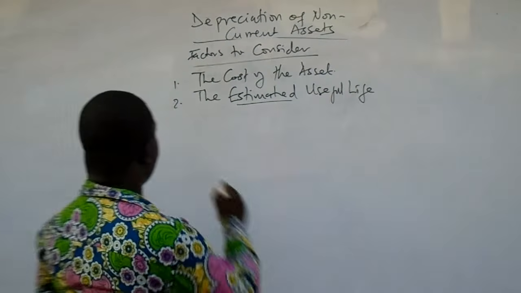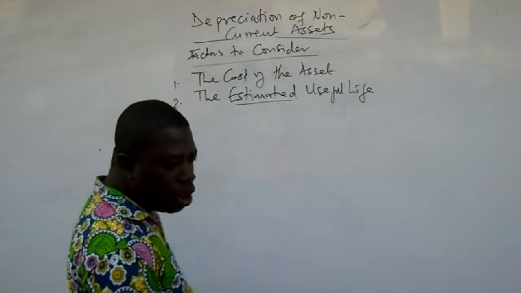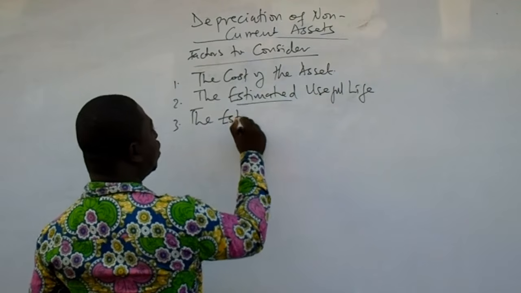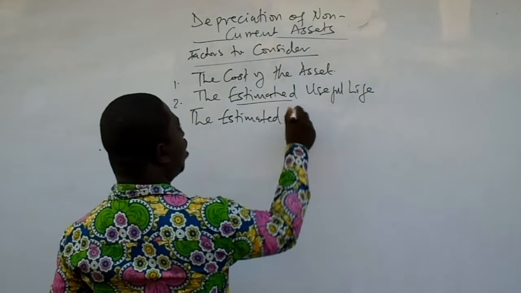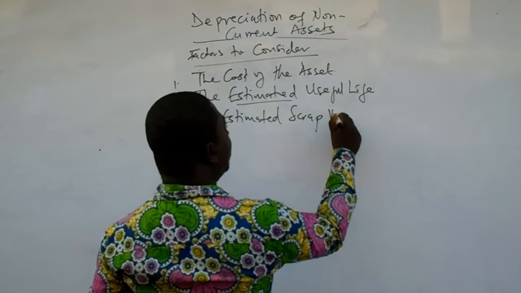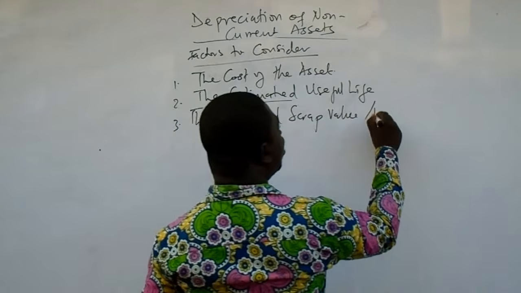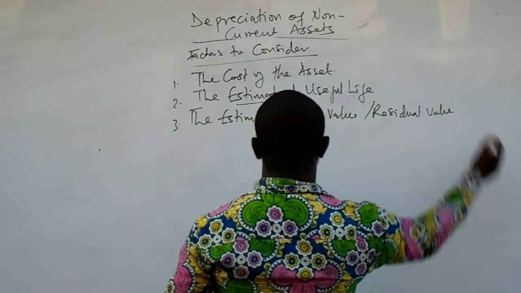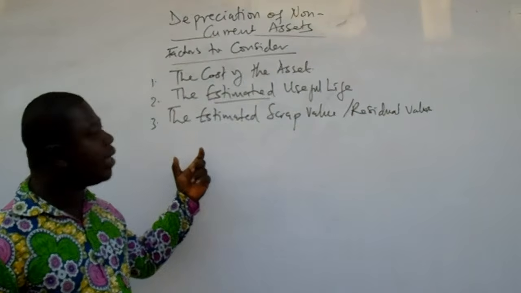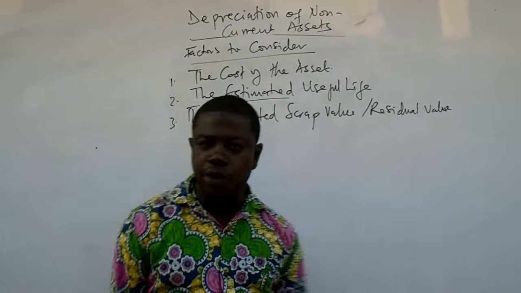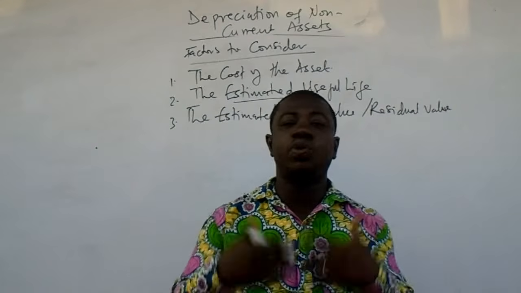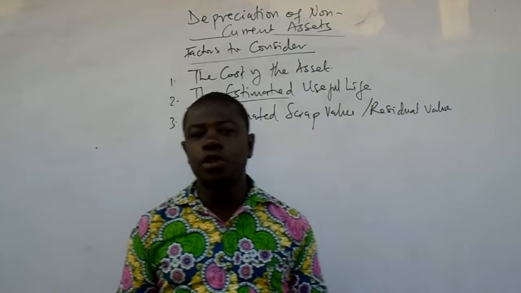And then we can also talk about the estimated scrap value of the assets, or what you may call residual value. The estimated scrap value or residual value is also the amount at which we expect to sell the asset at the end of its useful life.